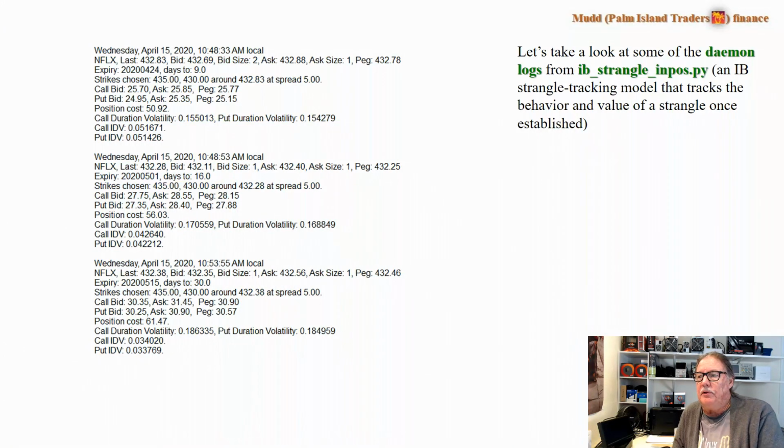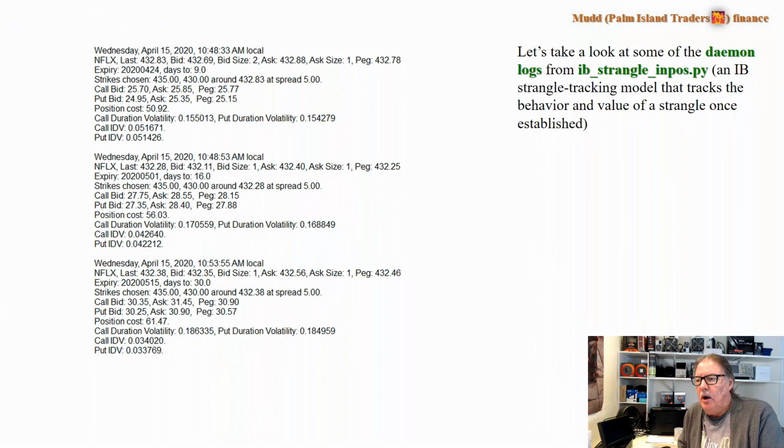Now, this model you don't have, and the reason you don't have it is because this model is a daemon that logs into Interactive Brokers and sits there in this little machine sitting right over here, underneath us. It's not on now because the markets aren't open, and it processes a whole bunch of these models all day long, about every 15 minutes or so.